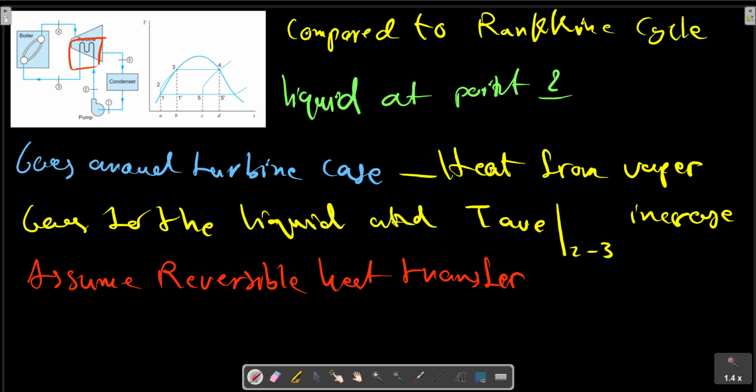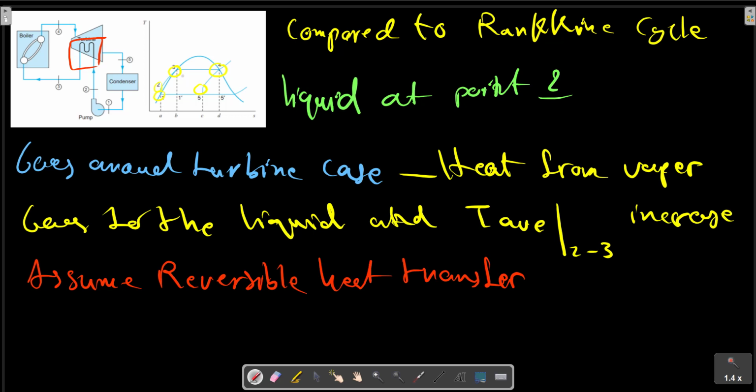In this instance, the line 4 to 5 on the TS diagram, which represents the state of the vapor flowing through the turbine, is exactly parallel to the line 1, 2, 3, which represents the pumping process and the state of the liquid flowing around the turbine.